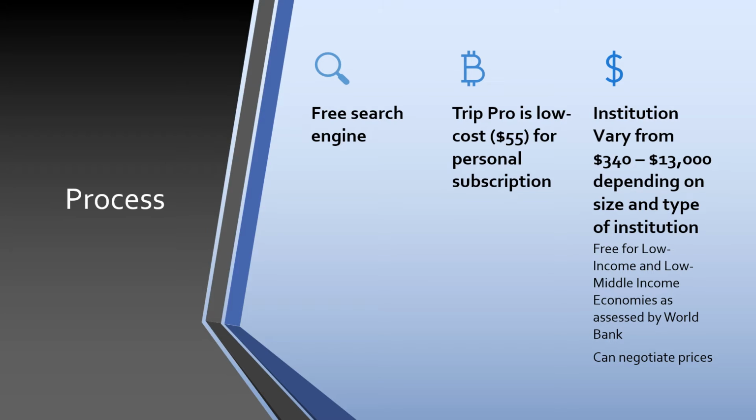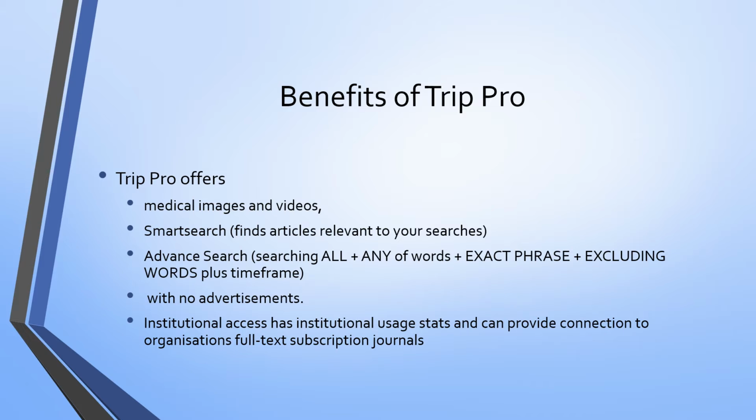Process. TRIP is a free search engine, and TRIP Pro is low cost, $55 for a personal subscription. It is also offered free for institutions based in low-income and lower-middle-income economies as assessed by the World Bank. TRIP is also flexible with pricing options and can be contacted for further negotiations. Benefits of TRIP Pro.